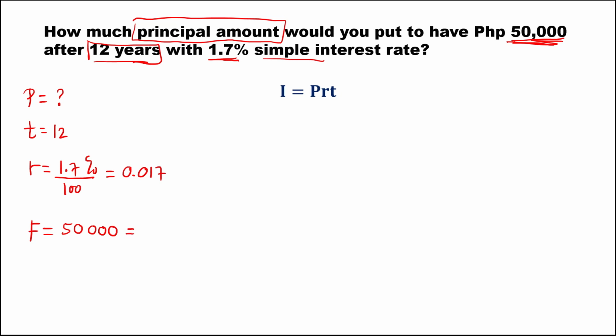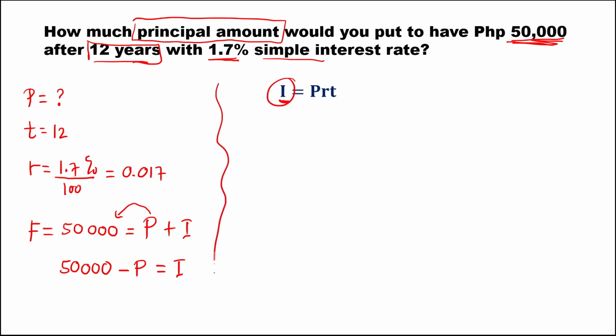Since the future value is equal to the principal plus the interest, from this problem we need to solve for the interest. To solve for the interest, transpose the principal to the other side. So this becomes 50,000 pesos minus the principal amount equals the interest.